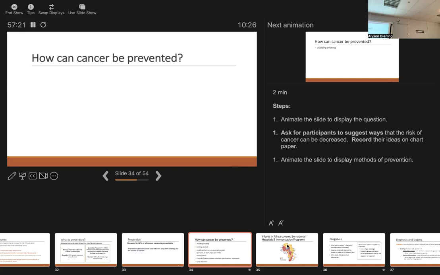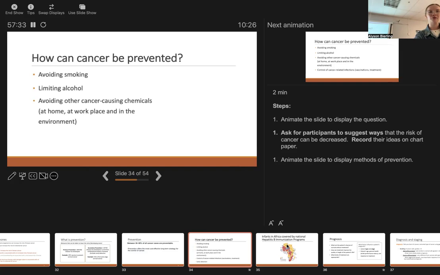Exactly, HPV vaccination. Good. So vaccination, reducing exposure to toxins like smoking. So avoiding smoking, limiting alcohol, avoiding other cancer-causing chemicals, control of cancer-related infections, so vaccinations against hepatitis, against HPV, treatment.